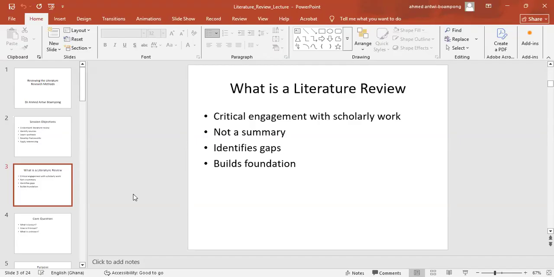For example, within that space, you would come across authors such as myself, who have conducted extensive research on faculty blended learning adoption in Ghana and have set the pace in certain areas. So you would review what I have said within that area, my empirical research about faculty member adoption. So you want to identify what is known.